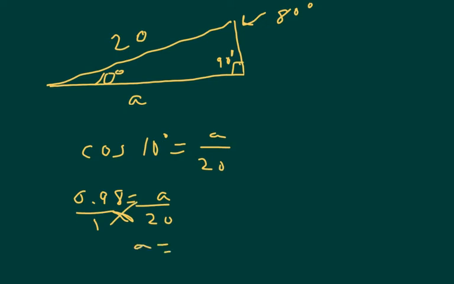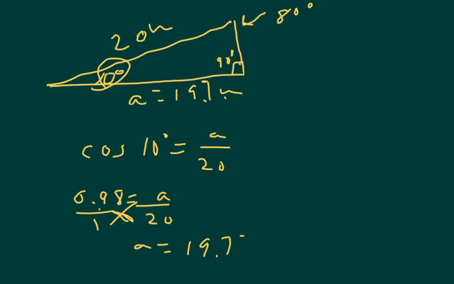So A is going to equal the product of 0.98 and 20, which rounds off to be 19.7. So that would be 19.7 units, which is pretty close to 20, but still the hypotenuse has to be the longest side. In this very acute angle, the adjacent leg and the hypotenuse are going to be very close in value. So that's a reasonable answer.